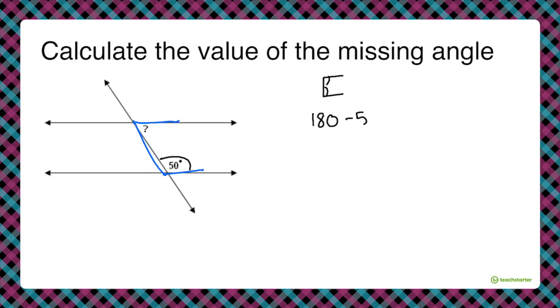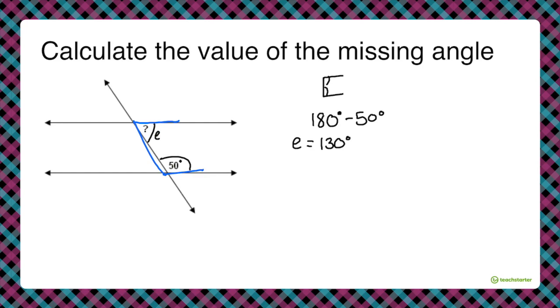So I'm going to take away 50 degrees. That leaves me with 130 degrees left. And once again, I'm going to give it a letter. You will be given a letter, so don't worry about naming the letters, but E equals 130 degrees.